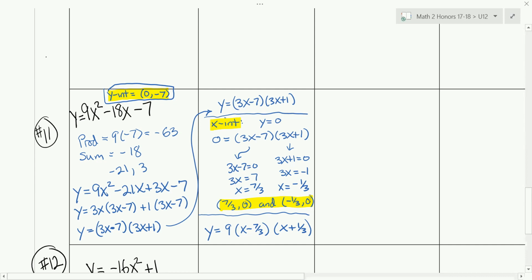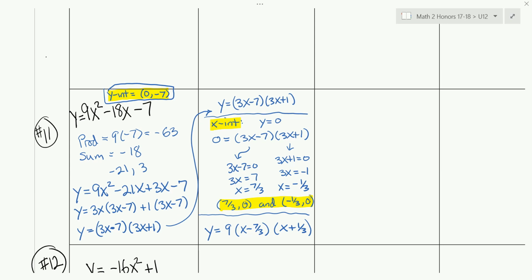It's in the middle, right? I don't know how high or how low, but I know it's right in between my x-intercepts. So if we can find the middle of the two fractions, we can find the vertex.